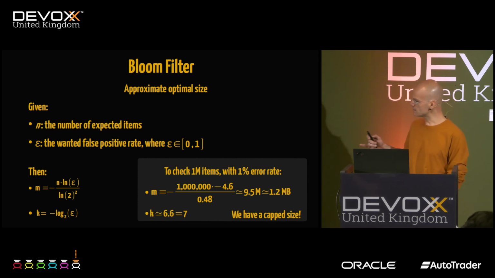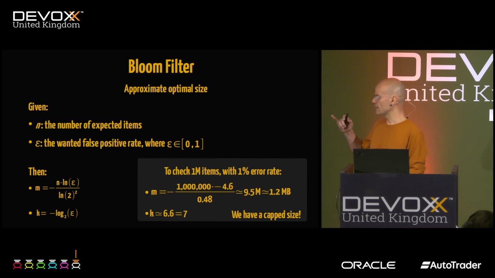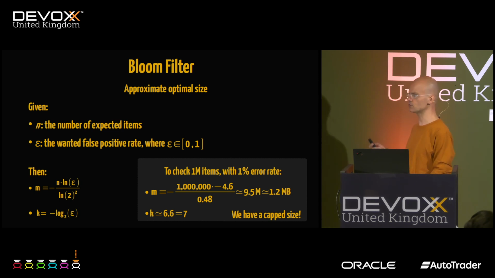And in this way, we know that we can check 1 million items, that the error rate will be 1%, so on average only 1 in 100 membership requests will be false. And this in 1.2 megabytes of memory. And this size is not going to change, whatever the number of elements we put into it, and how many times we do that.